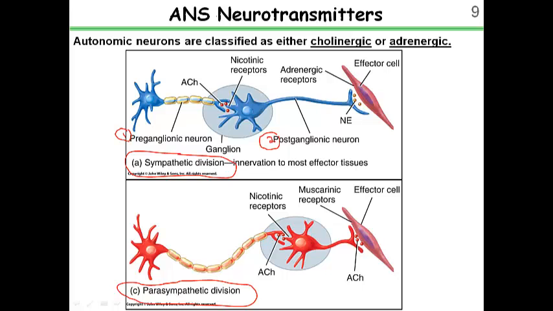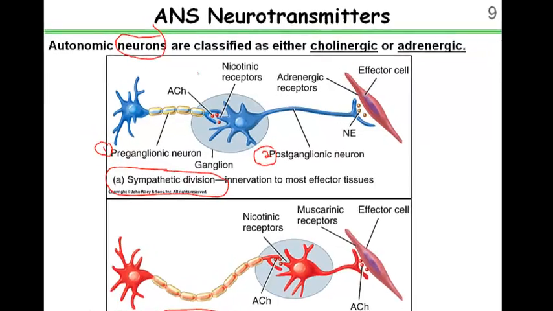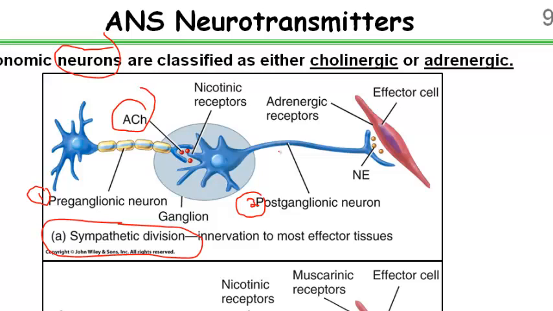So when we look at neurons, one way to classify a neuron is based on what neurotransmitter it releases. So we're looking at basically two neurotransmitters, acetylcholine and norepinephrine. If you're a neuron and you release acetylcholine, we call you a cholinergic neuron.